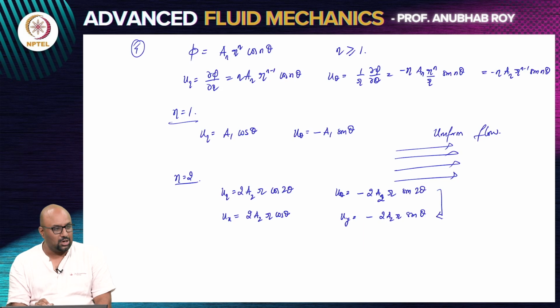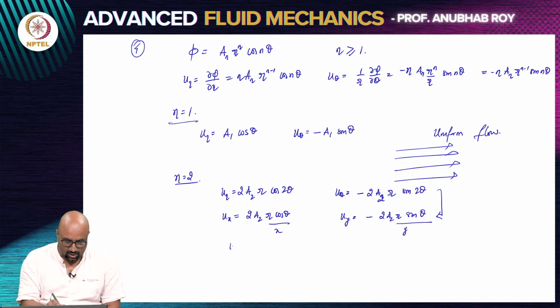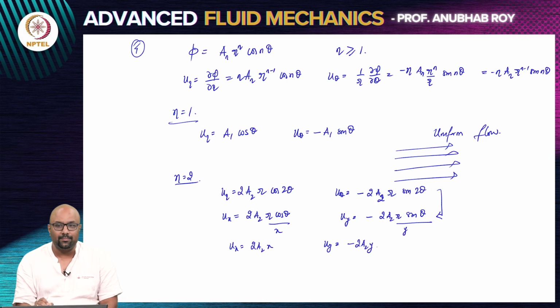Now, is this something that you are familiar with? What is r cos theta in terms of the Cartesian coordinate system? It is x, r sin theta is y. So, you have U_x equal to a constant times x, U_y equal to the same constant times y. And this is a flow that you have already seen a couple of times.